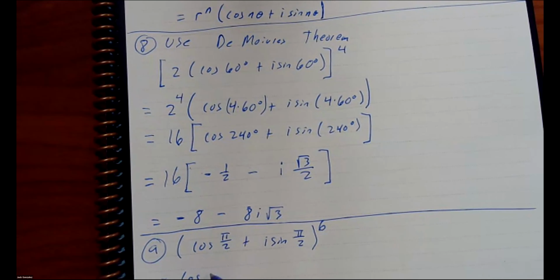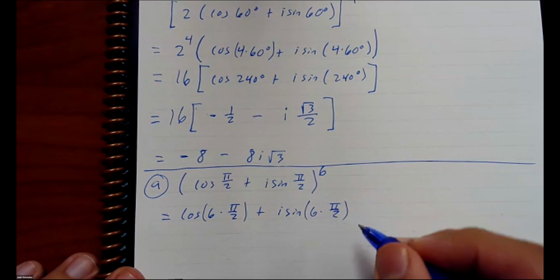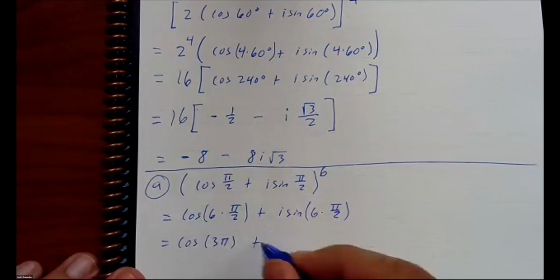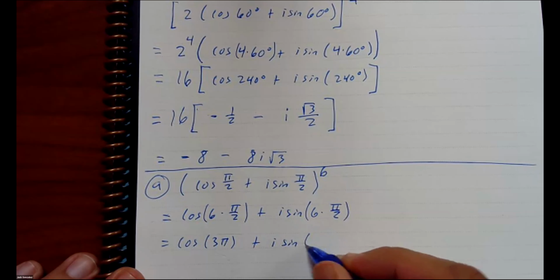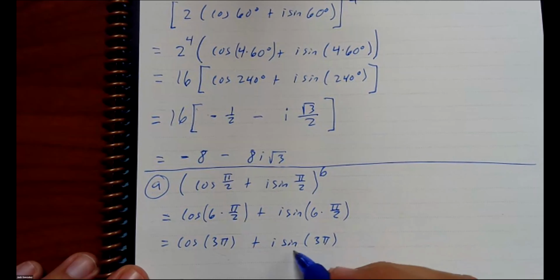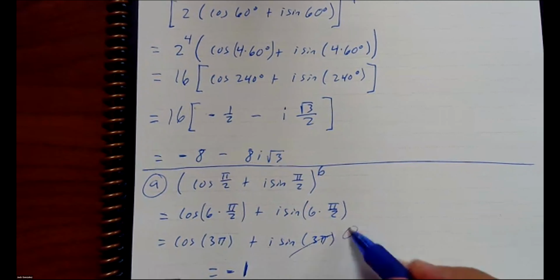This simply becomes cosine 6 times pi over 2 plus i sine 6 times pi over 2, based on the formula up top. So this is cosine of 3 pi plus i sine of 3 pi. This is 0, giving me -1.